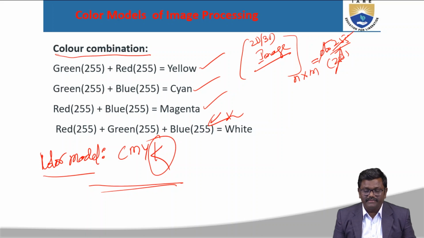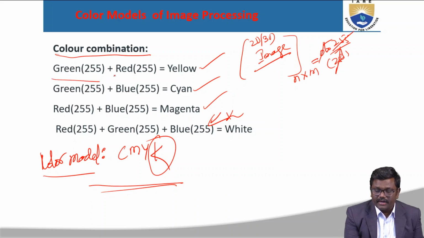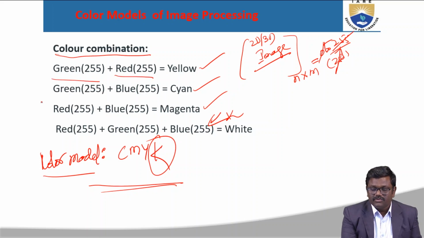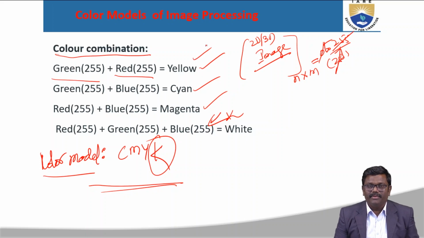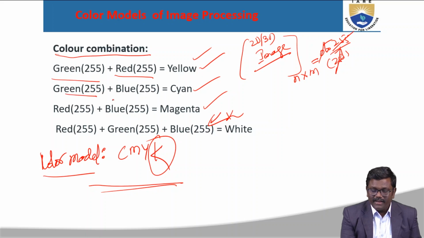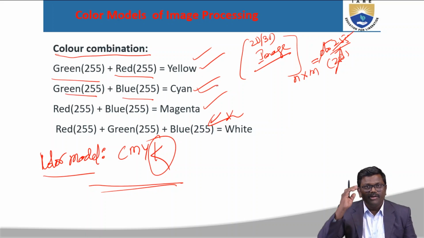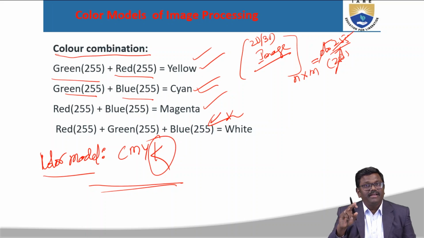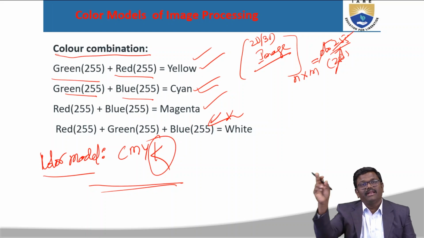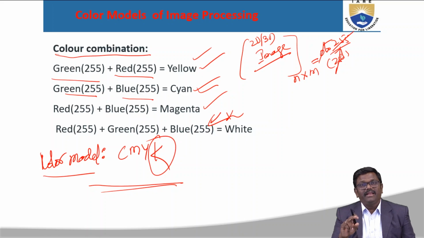By mixing green and red, two images, we will get the yellow image. Keep in mind this important point: by mixing green and red images we get yellow, by mixing green and blue we get cyan, and by mixing red and blue we get magenta.